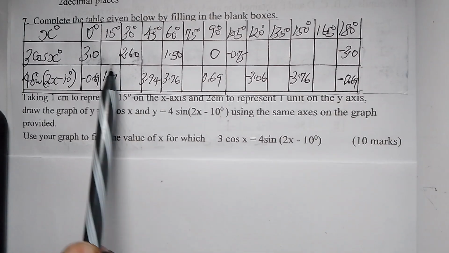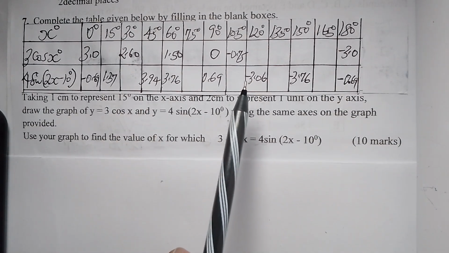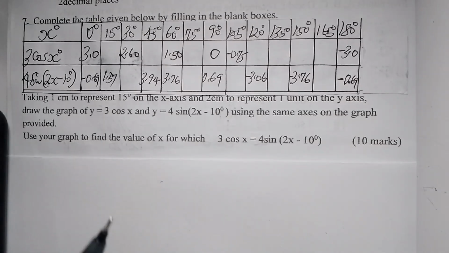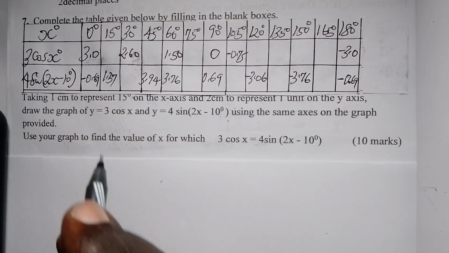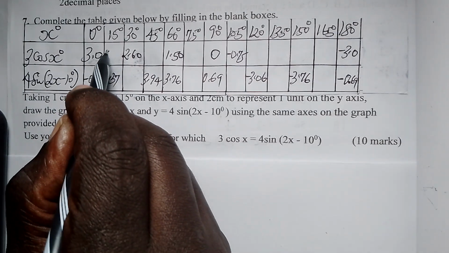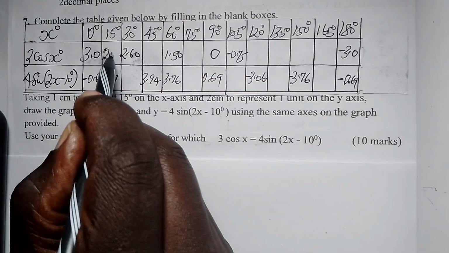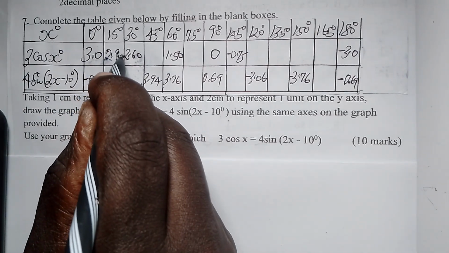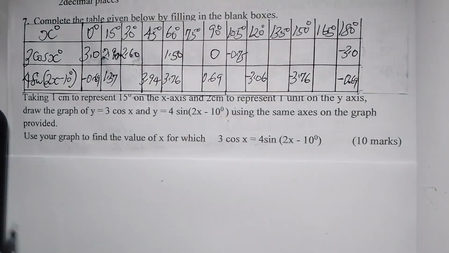decimal places. So the first value, 3 times the cos of 15, you can multiply 3 times cos 15. That gives you 2.8977, round off, you'll get 2.90.